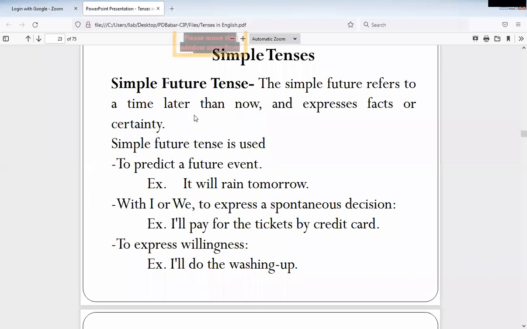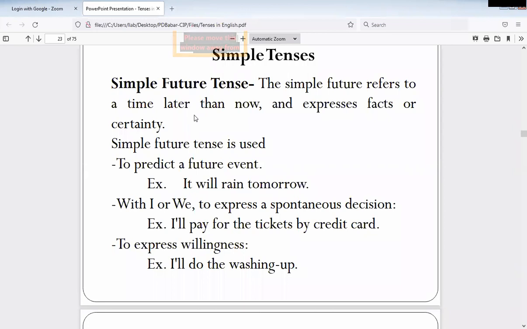Why? Because there is a time expression, tomorrow, which we can use to show the simple future tense.